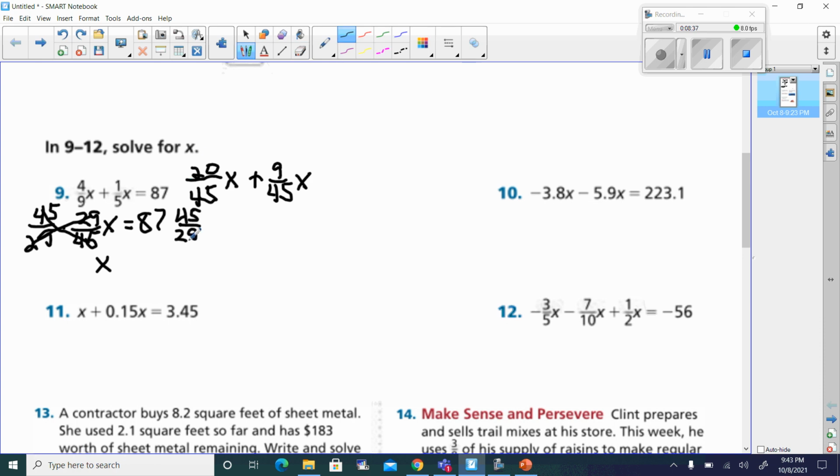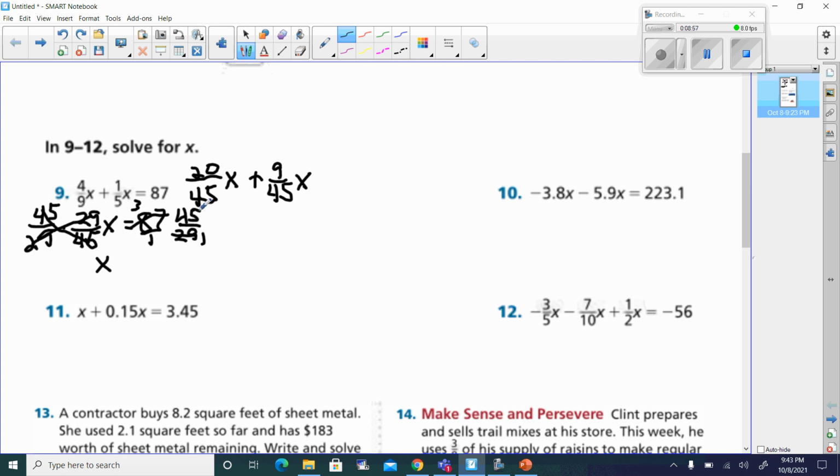And so now I can go ahead and put 87 over 1, and scratch out my 29 and make it 1, and scratch out my 87 and make it 3. Now I have 3 times 45, all right?